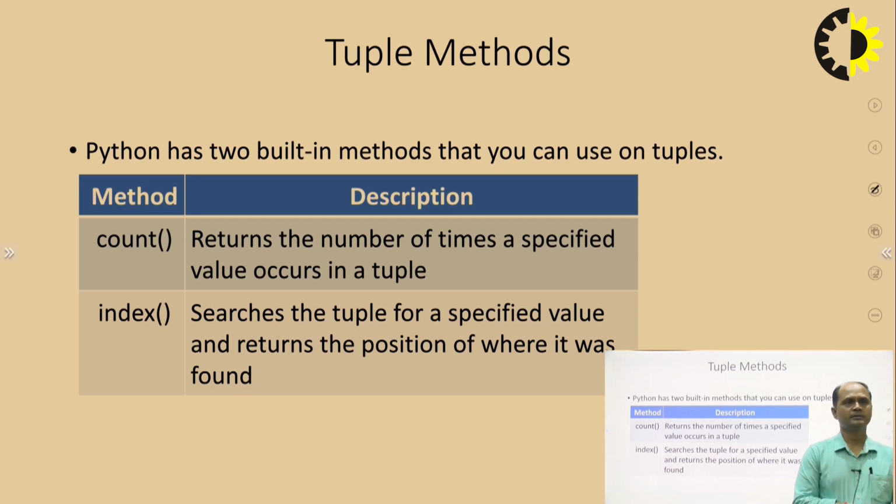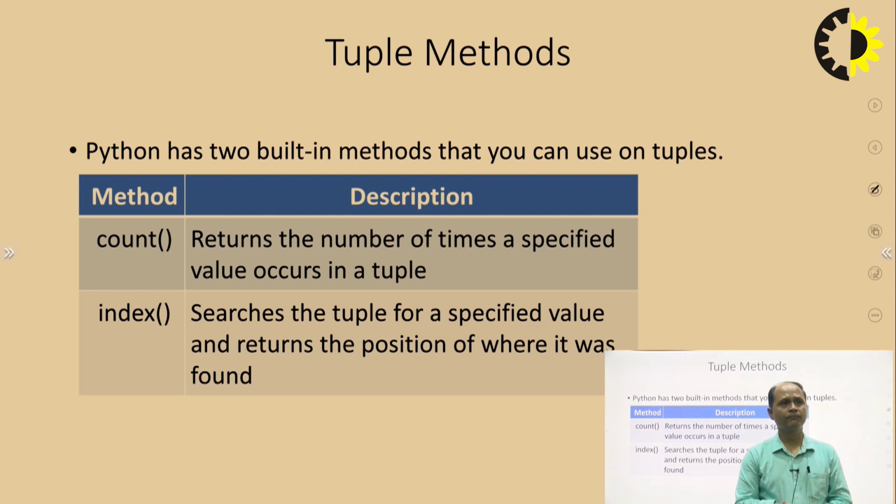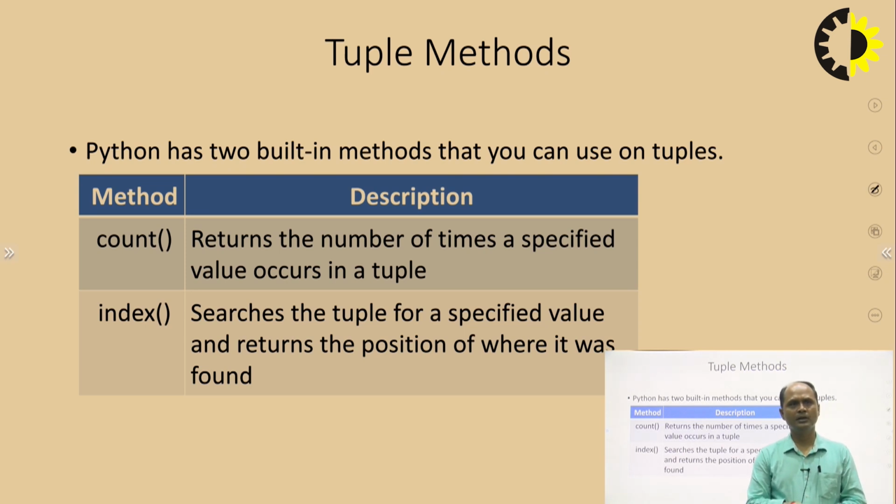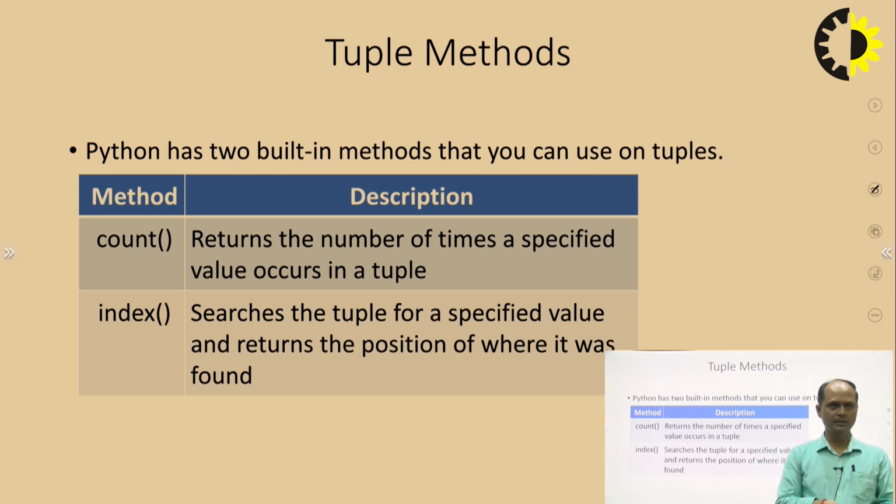Count and index. What are count and index? Count is a method that returns the number of times a specified value occurs in a tuple. So how many times a value appears in a particular tuple, we can easily find out using the count method.